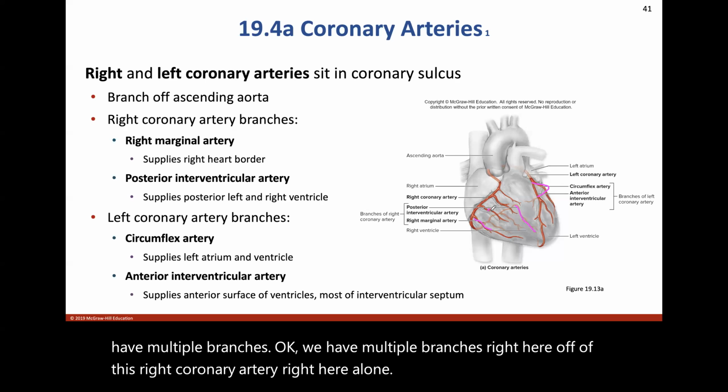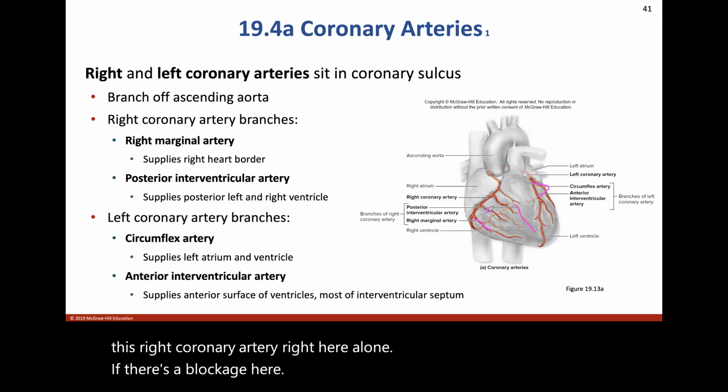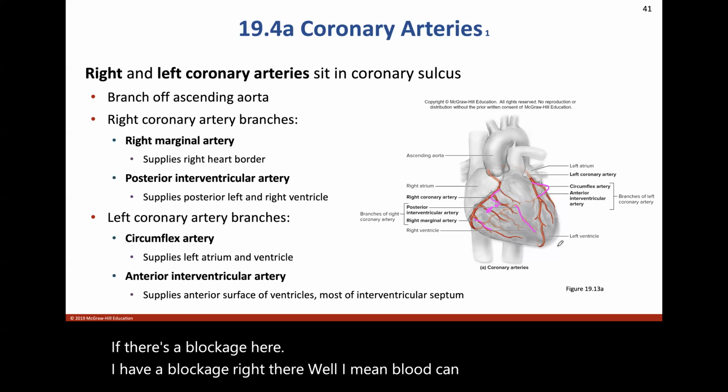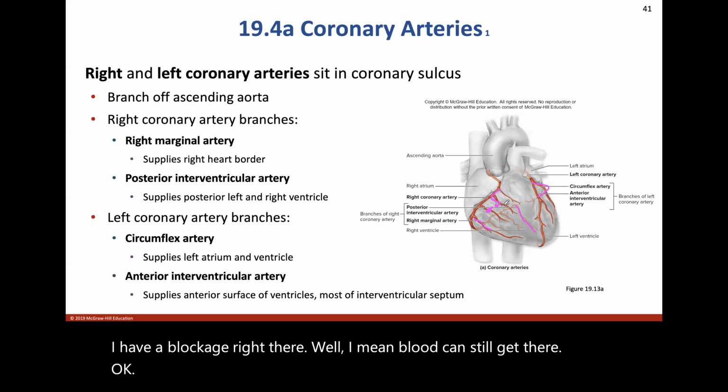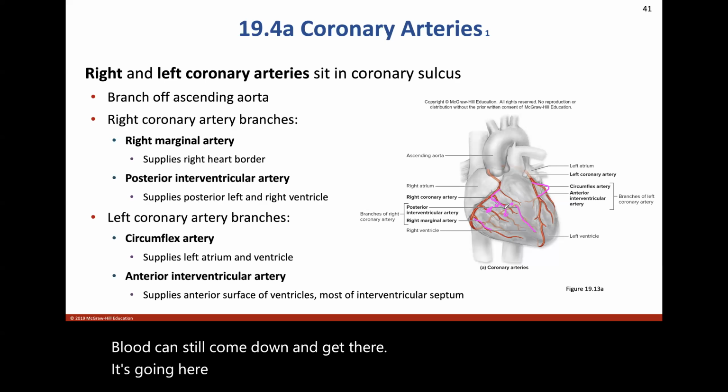If there's a blockage right there, well, blood can still get there. Blood can still come down and get there. It's going here as well, and it can get over here and supply these that are closer to that blood vessel.